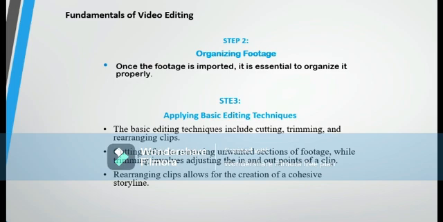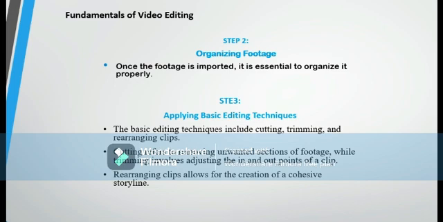Then the third step is to apply the basic editing techniques. And what are the editing techniques? They include cutting, trimming, and rearranging the clips. Cutting refers to removing unwanted sections of the footage, and trimming involves adjusting the in and out points of a clip. Because when you shoot them scene by scene and you are now putting them together, there are areas you need to cut out and there are areas you need to make overlap better.